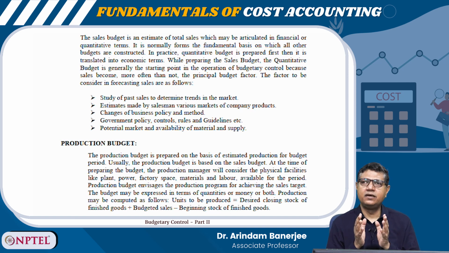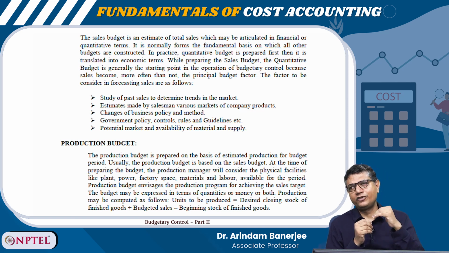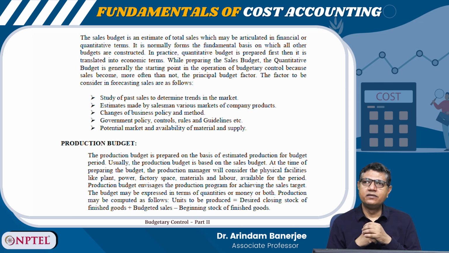Once this figure is fixed, it goes to the production team. The production team needs to produce, so based on the forecasting and the estimates given by the sales team, they make a production budget and check whether they are capable of producing the required volume of product or not.